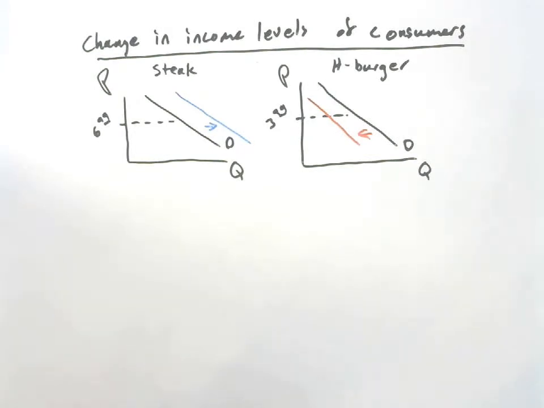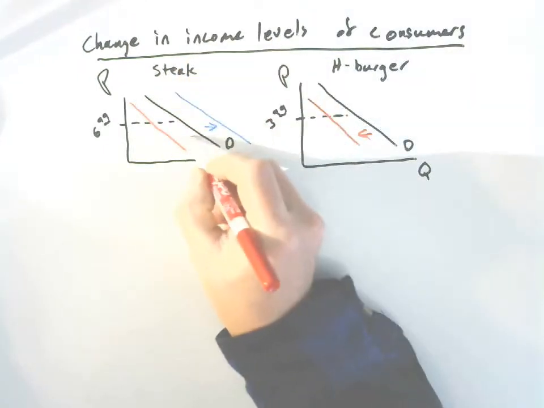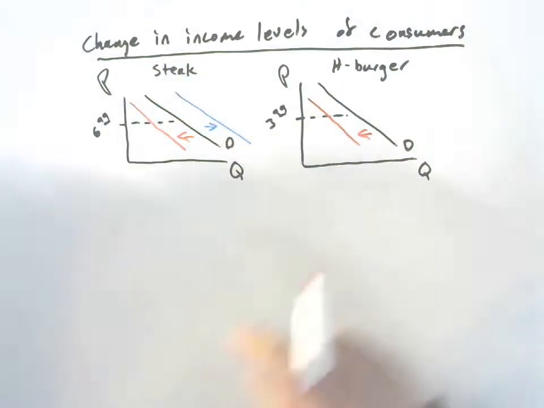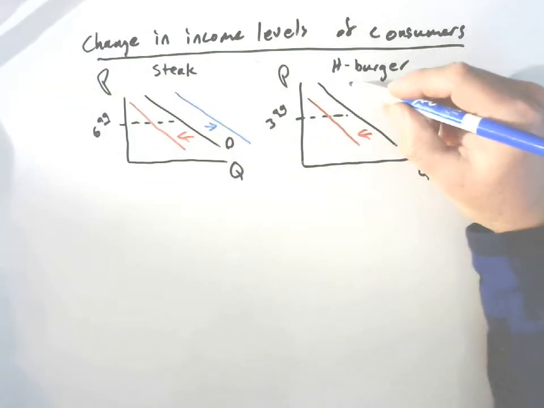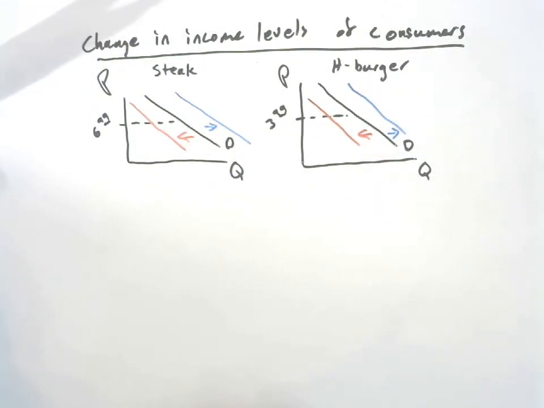Very simple. On the flip side, what if we go into a recession and people become less wealthy, they start losing their jobs, etc.? Well, we would see them do the opposite. We would see them buy less steak at $6.99 a pound, and they would probably increase their consumption of hamburger because it only costs $3.99 a pound.